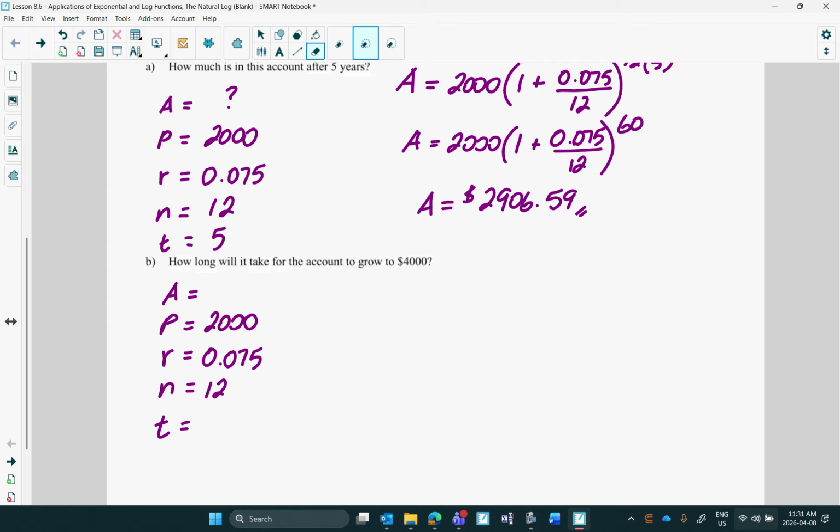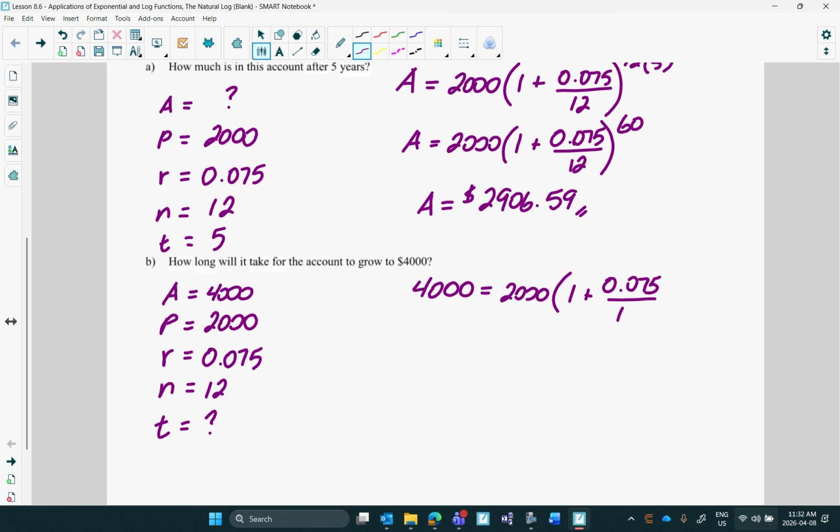A. So that's the question mark. And notice that the unknown is in an exponent, which means it's an exponential equation, which means we're going to have to use logs to help us. So instead of A, 4,000 equals, instead of P, 2,000, times 1 plus 0.075 divided by 12, to the 12 times T.